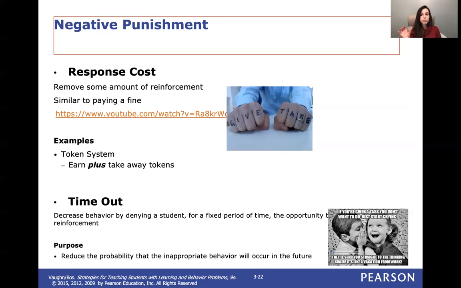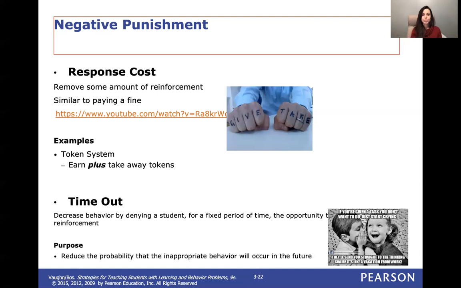But sometimes, especially in a classroom setting, people do this backwards. They give them 10 points at the beginning of class. This is response cost. If they do something wrong, you take a point away, right? Token systems are an example of this. You can earn tokens, but they also can be taken away. It's the taken away part that makes it response cost.